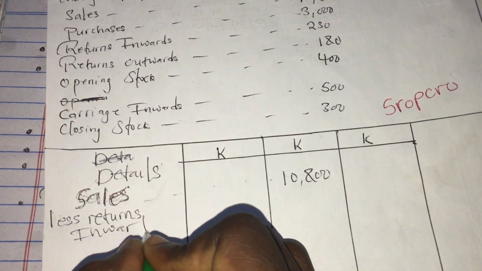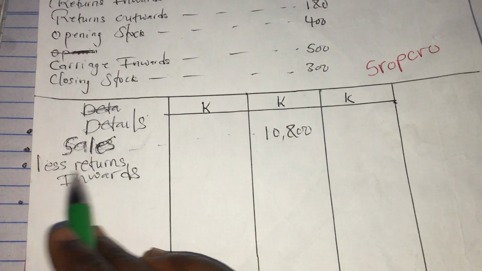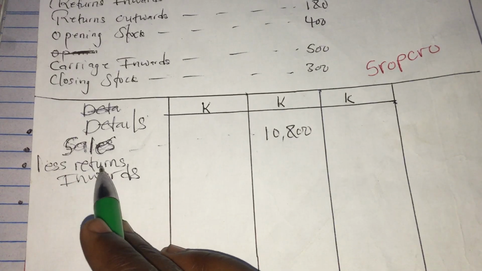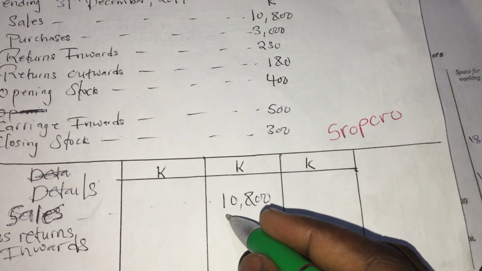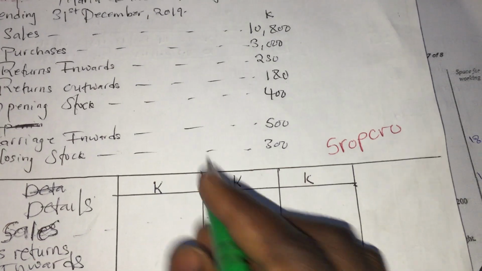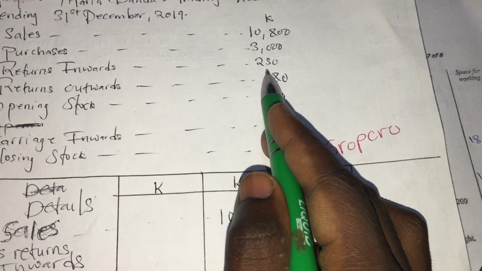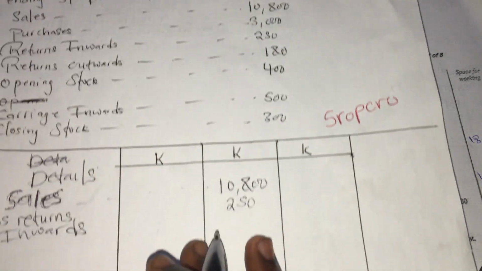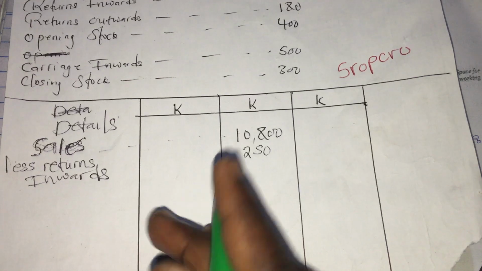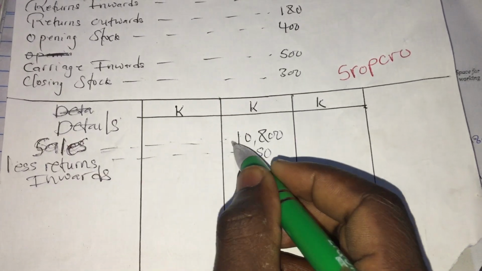It simply means we are subtracting returns, right? All right, so we are going to write the amount here. Where's the amount? It's 250. All right, so we write 250 here. So this is the amount. You have seen, this is the amount for sales.